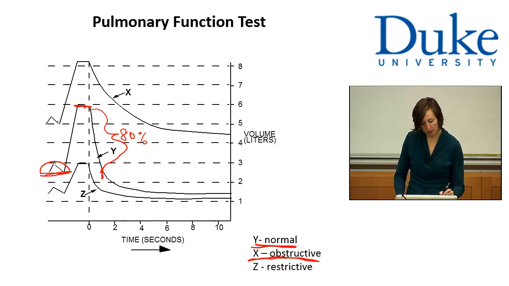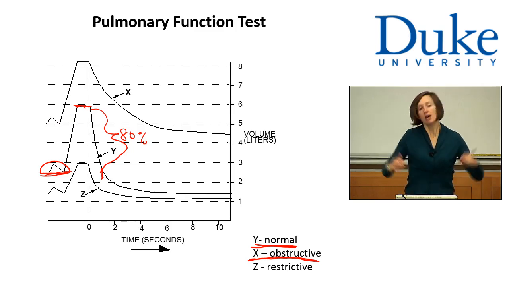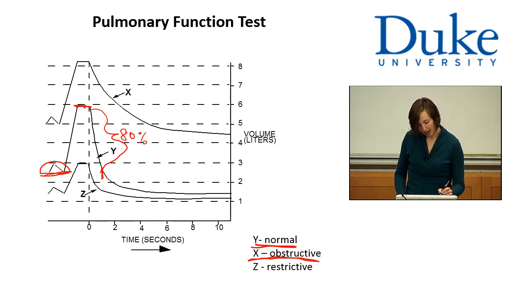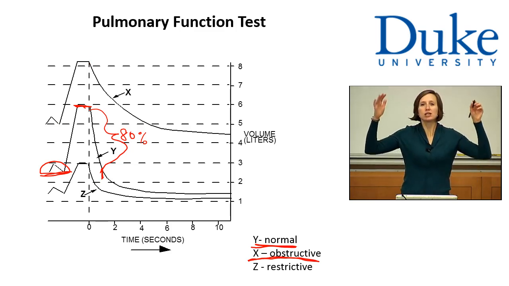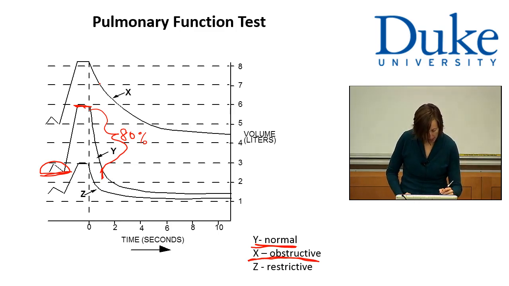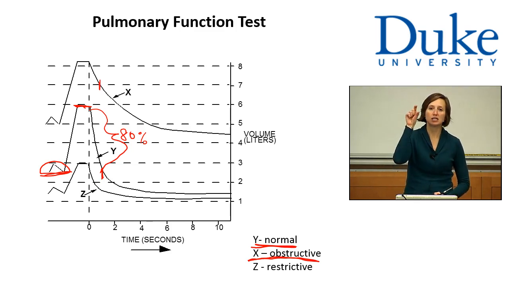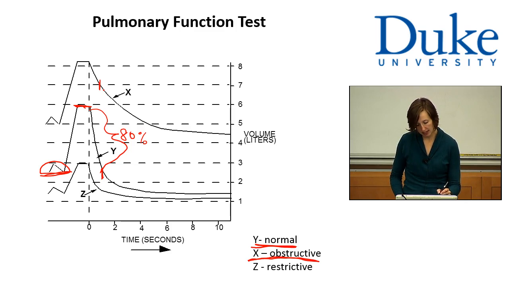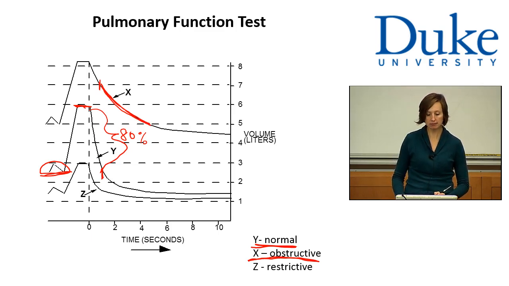So they take a normal breath, and then they're told, fill up your lung, and then they're told, okay, exhale as quickly as you can. And that's when they're pushing and pushing out the air. But you can see after 1 second, they've only gotten a small portion of their forced vital capacity out. It takes many, many seconds for them to get to that 80% point. So that's going to be typical of an obstructive lung disease.